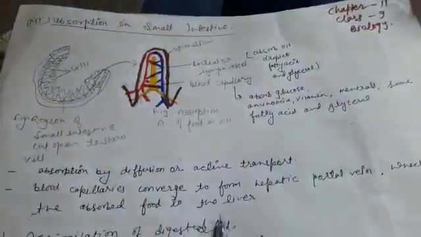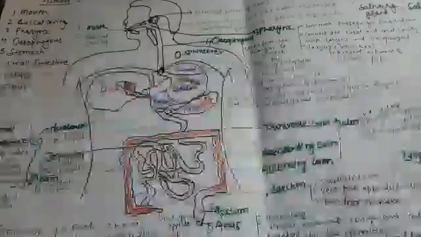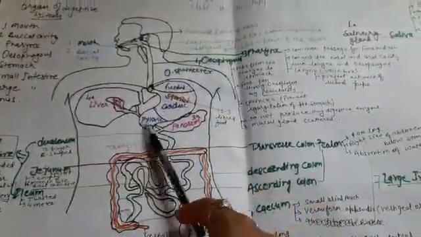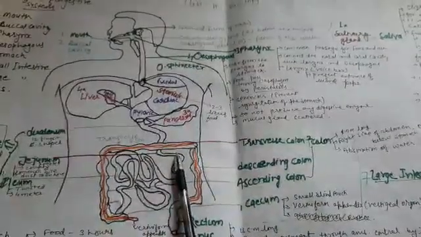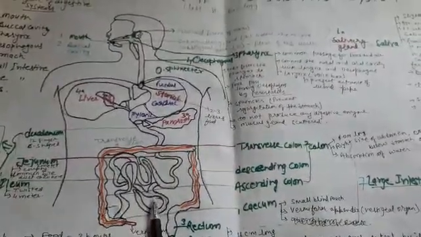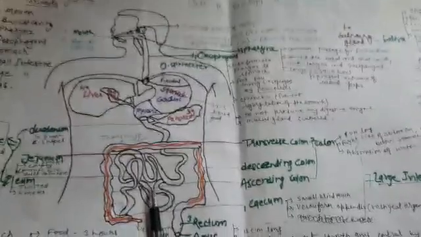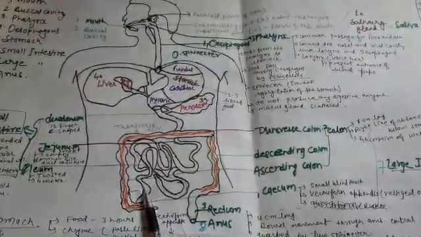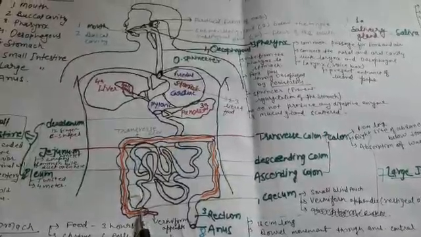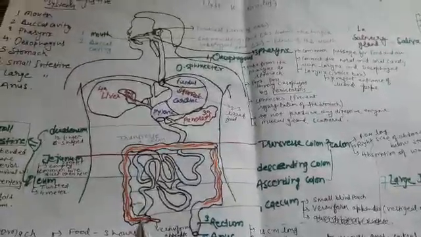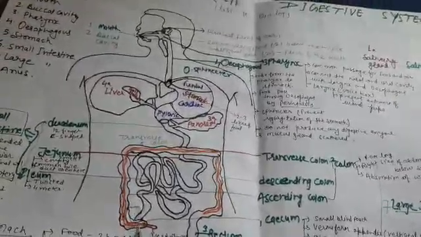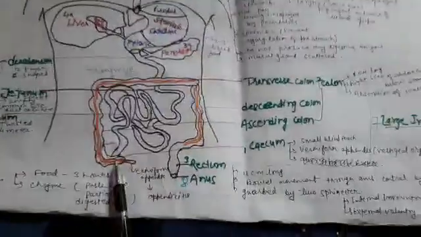Now this is all about the absorption of food in the small intestine. Now come back to this diagram. Here we show digestion up to the small intestine, and absorption takes place in the small intestine. Now after digestion, the undigested food comes into the large intestine, and the first portion of the large intestine is the caecum.